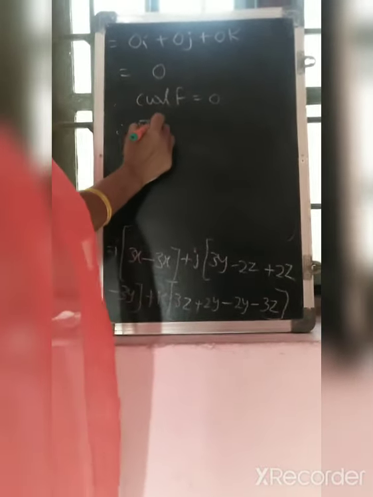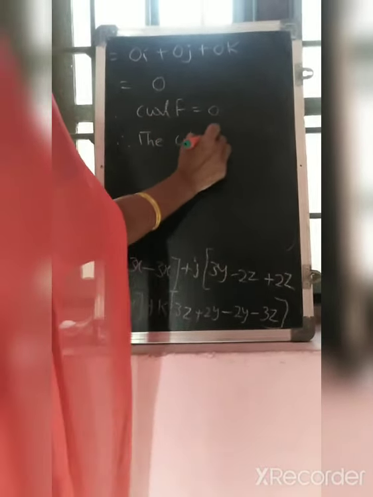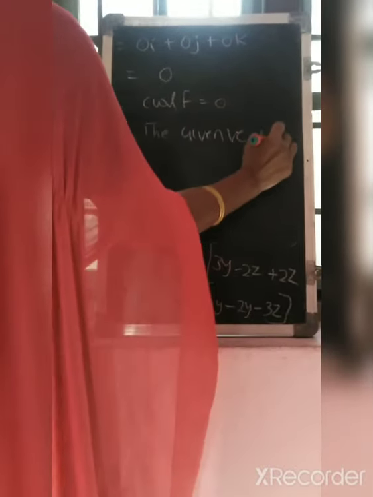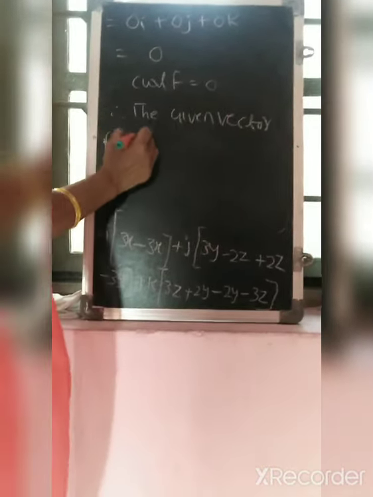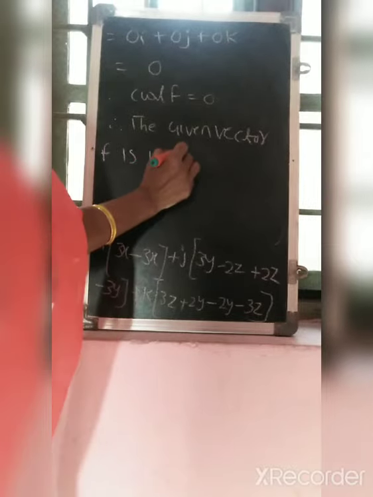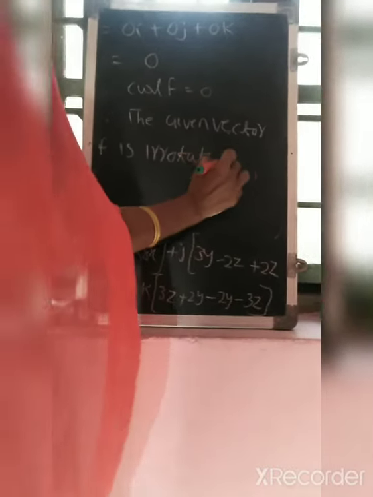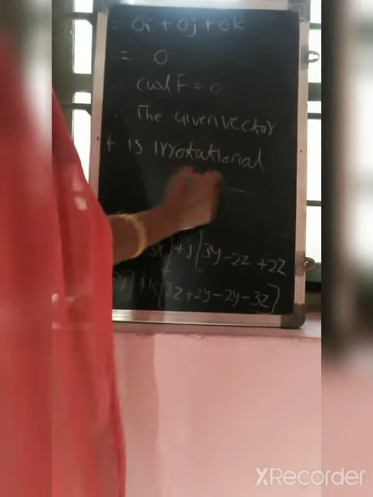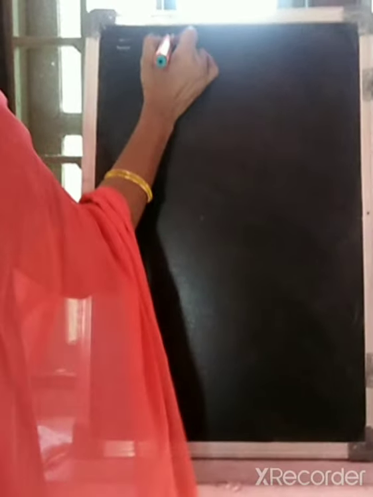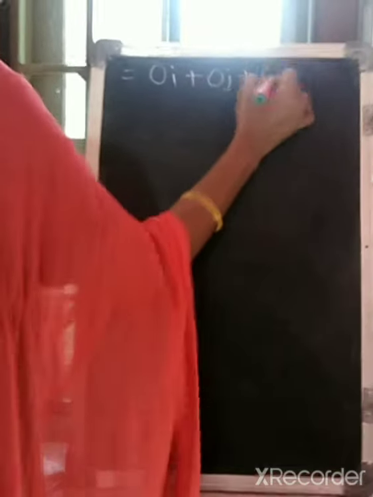Therefore the given vector f is irrotational. F is irrotational. So remaining we have ui plus 0.